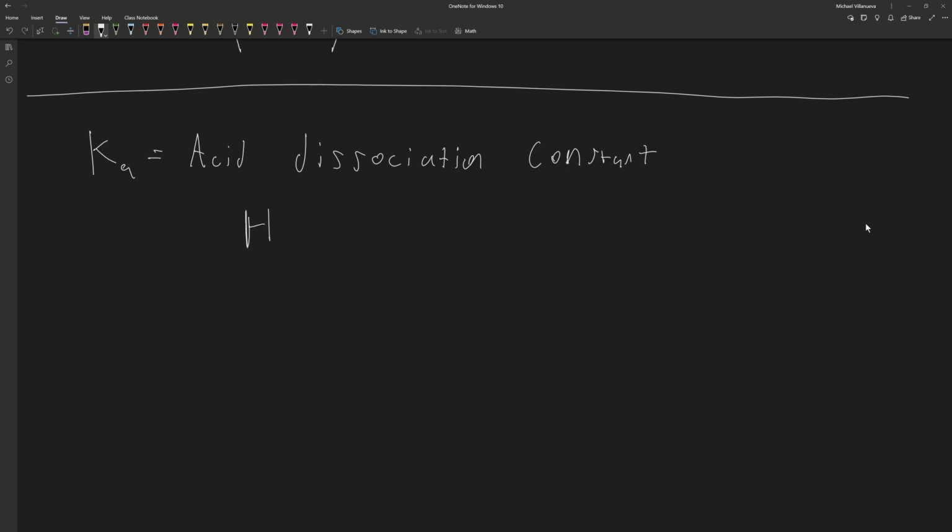So if we have an acid in the form of HA, in equilibrium with H plus A, we would say that Ka is equal to the concentration of H plus, A minus, all over the concentration of HA.